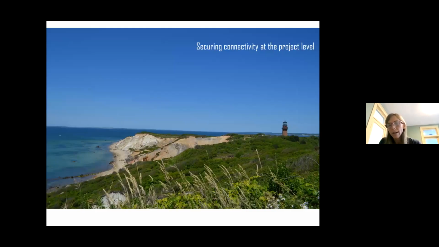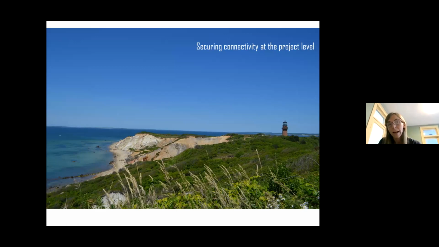And then we've got our investments that are already on the ground. We've got an impetus behind what's the best we can do for those places that we already own or that we hold easements on, right? And I think in some ways, these are some of our largest challenges.